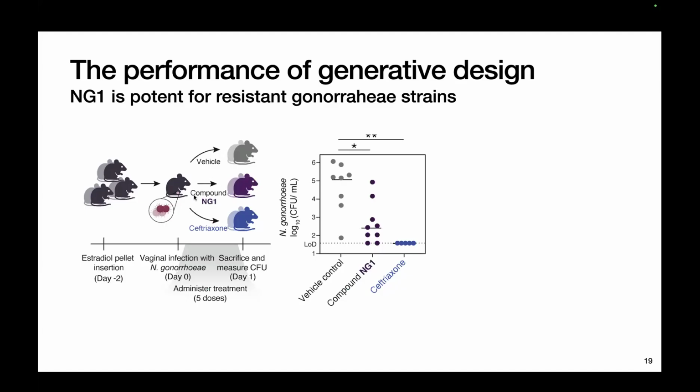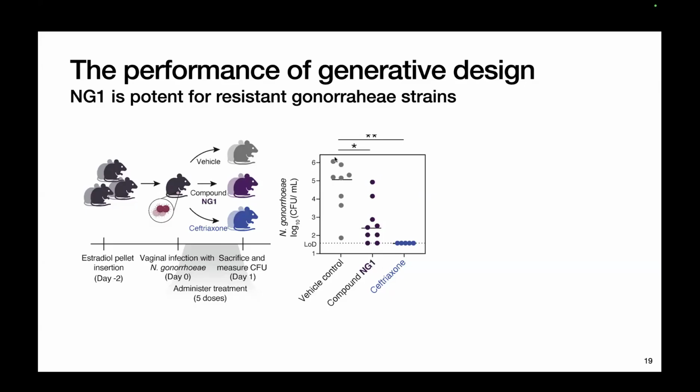We have this compound NG1 treatment for another six mice, and we have a positive control. This is the clinical antibiotic that still works. It's the only drug that still works for this bacteria, the last line of defense in our battle against gonorrhea.